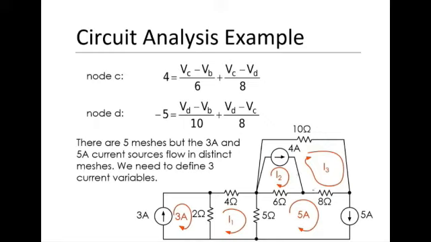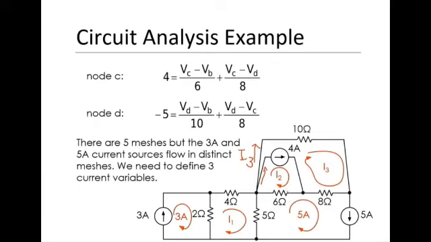All right. So in this node right here, it's covered by your mesh I3. Therefore, the current going through this node is equal to I3. Next is this current right here, that is equal to 4 amperes.